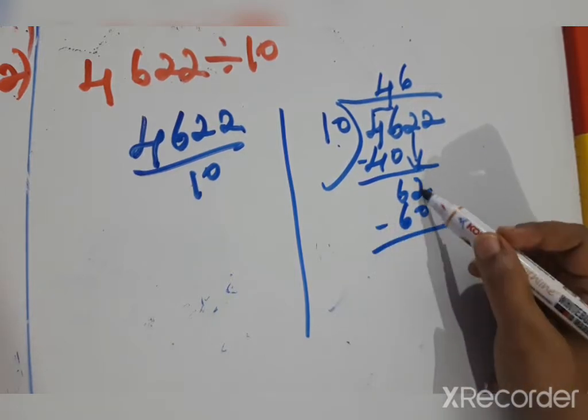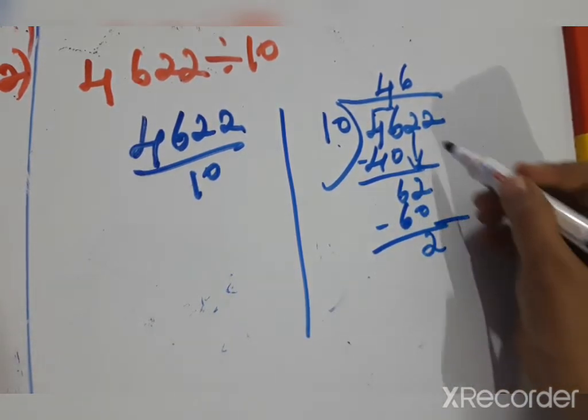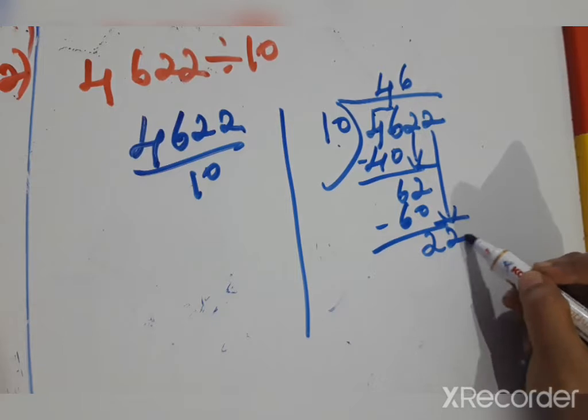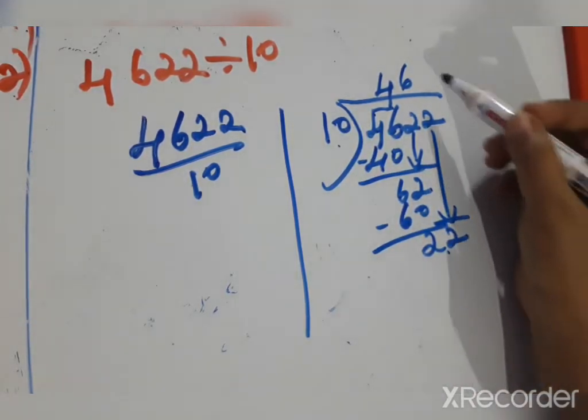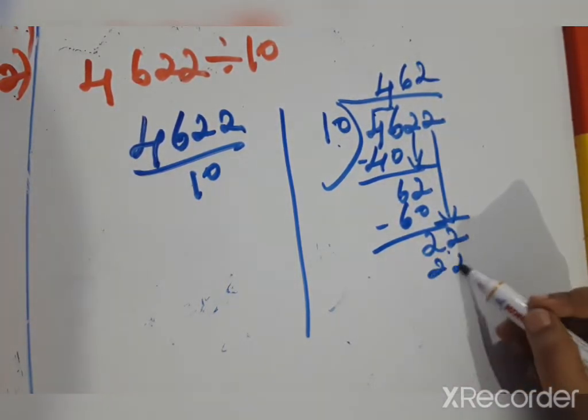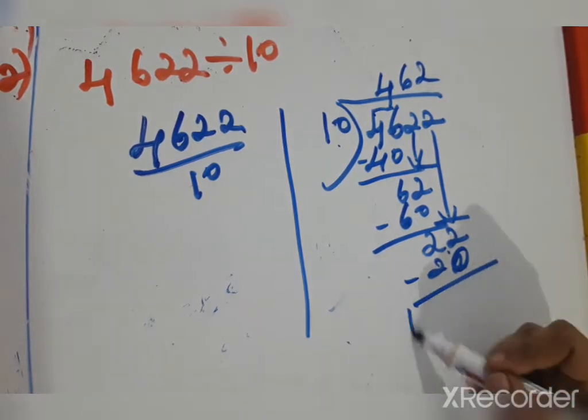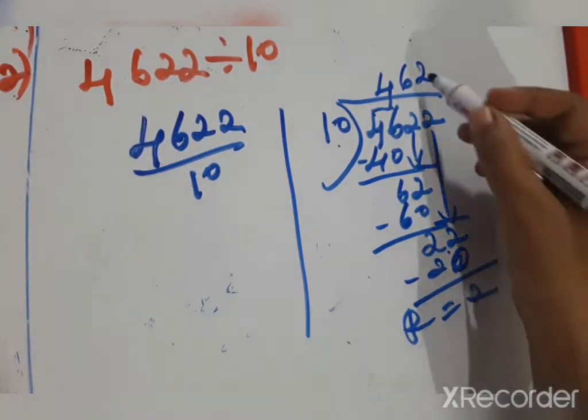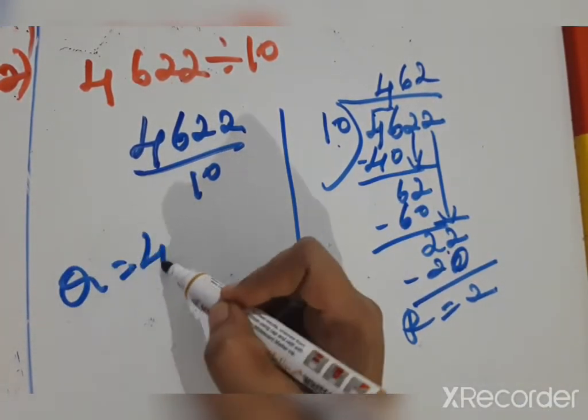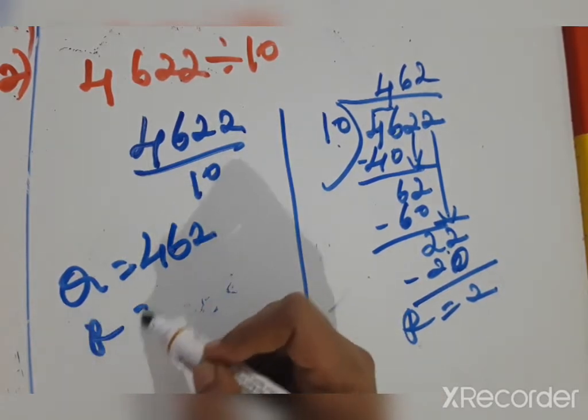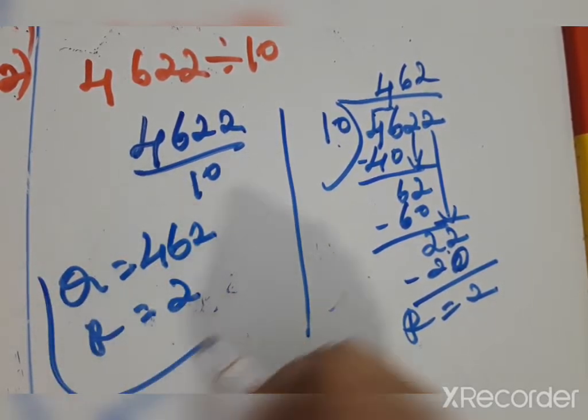After subtracting, 2 is the remainder, bring one number down, that is 2. 10 how much is nearer to 22? 10 twos are 20. The remainder is 2 and the quotient is 462.